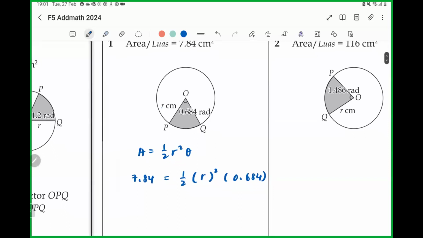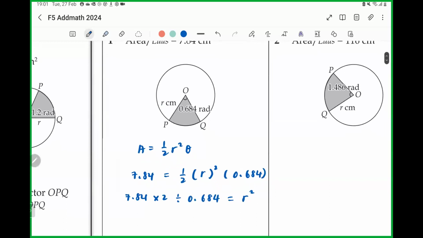Okay, so from here, algebra, do the opposite. 7.84 times 2 divided by 0.684. You will get r squared. Or else you can settle the 1 over 2 with the 0.684 first over here, then only move to the other side.